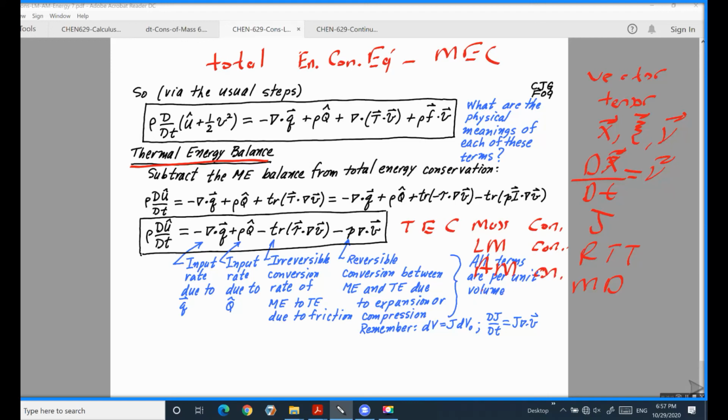Then mechanical energy conservation is basically the dot product between linear momentum and V. Then total energy conservation, then thermal energy conservation, which is total minus mechanical energy. Okay, now I have just finished the derivation of the conservation laws.